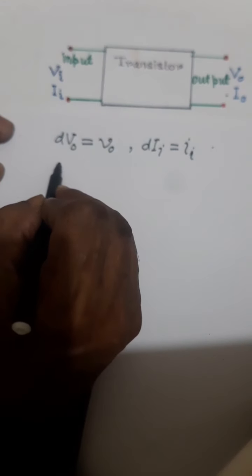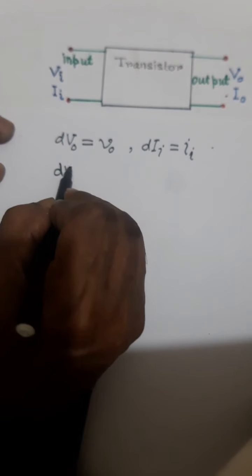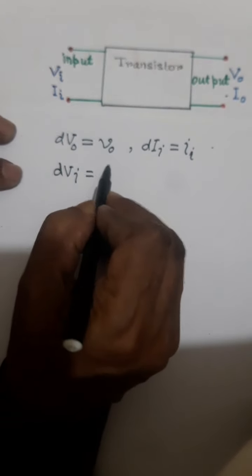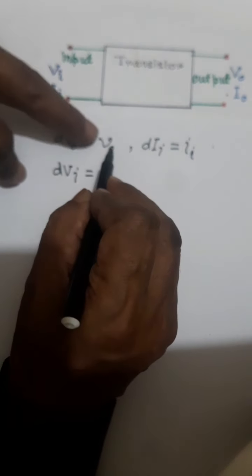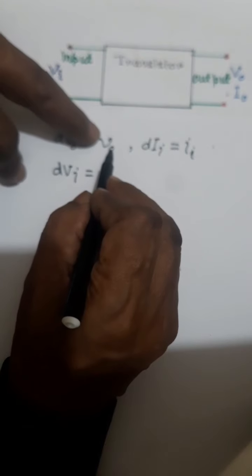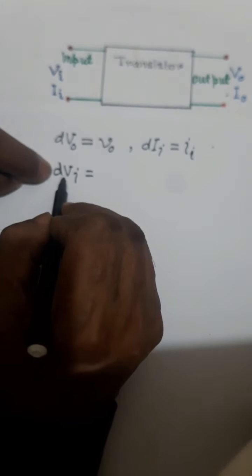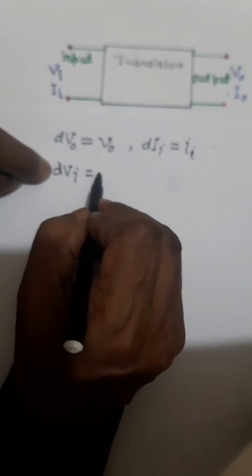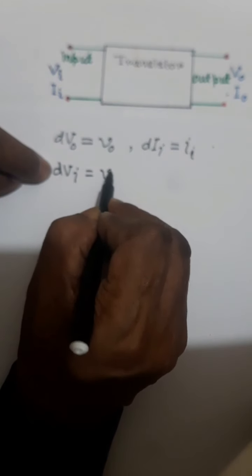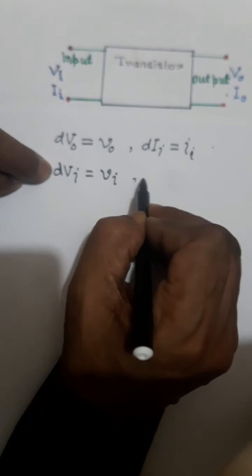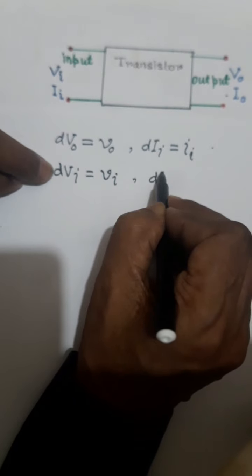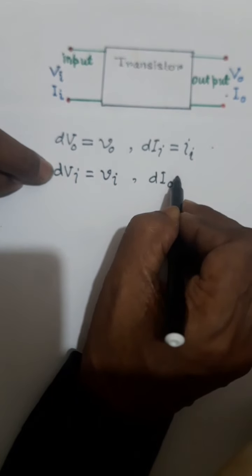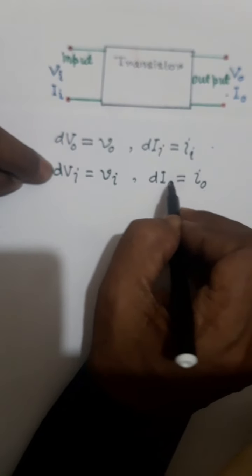Similarly, dVi, the change in DC input voltage, is AC input voltage Vi, and dIo, the change in DC output current, is an AC output current Io.